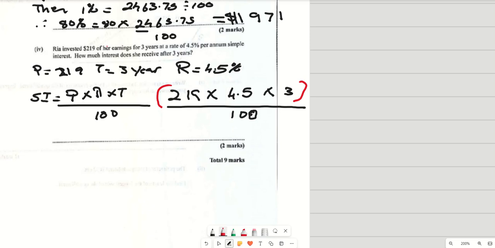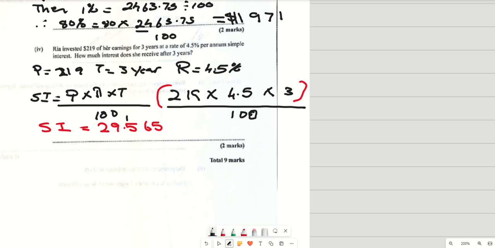And your answer is going to be, she got a simple interest of 29.565. We want 2 digits after the decimal point because it's money.